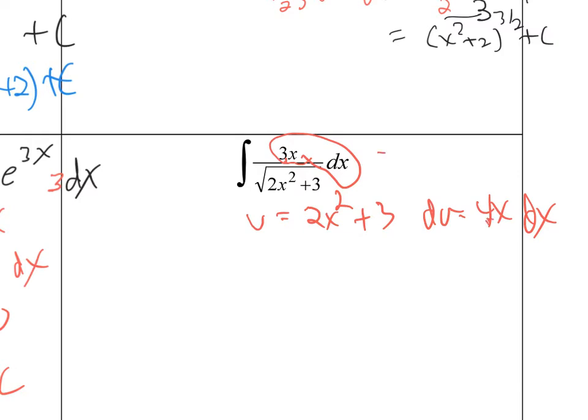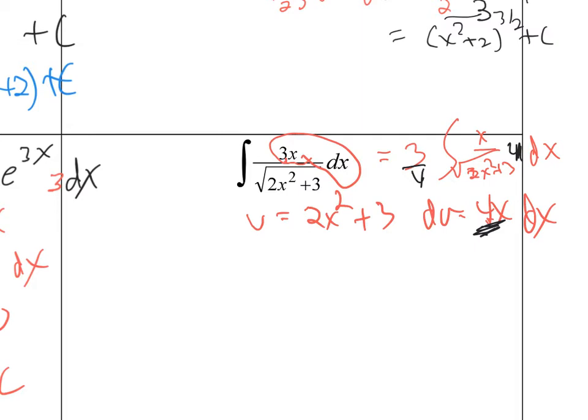So I'm really integrating. The 3 comes out. There's my x, and there's my dx, and there's my square root of 2x squared plus 3. And what I will be doing is getting that 4 there. So a 4 is going to go here, and a 4 is going to go here. But to me, that looks very cluttered.